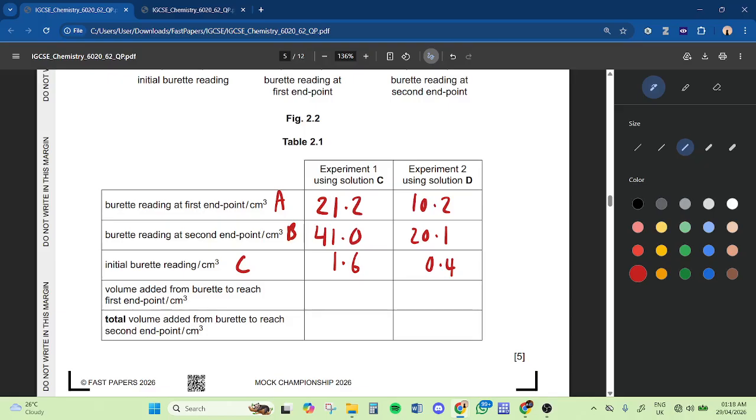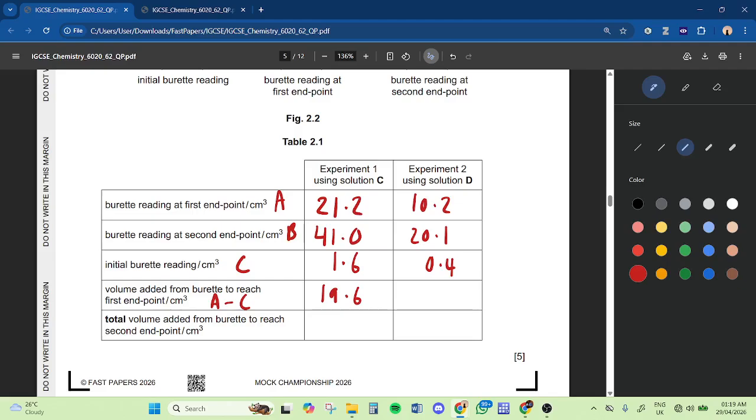Your first endpoint is A. So you need to figure out how much volume did you add from 1.6 to get to point A. So this will be A minus C. So this will be 21.2 minus 1.6, which will give you a value of 19.6.